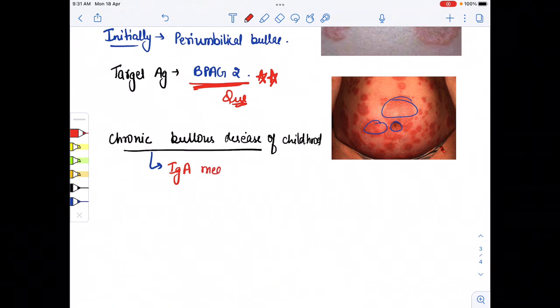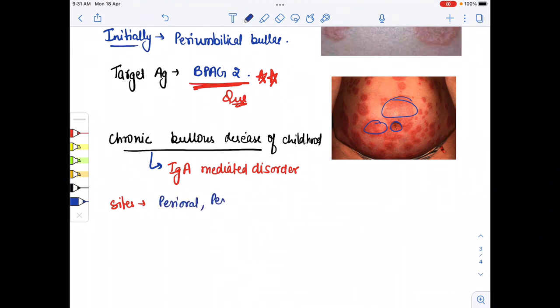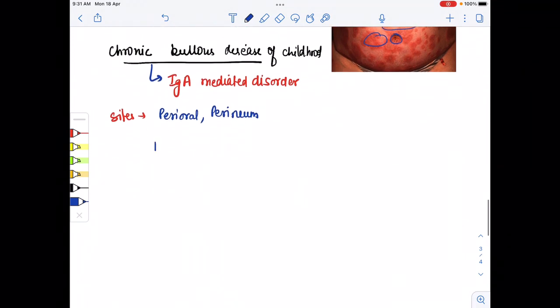The sites are perioral or perineum area. It occurs in children less than 5 years. Please remember that it occurs in children less than 5 years.